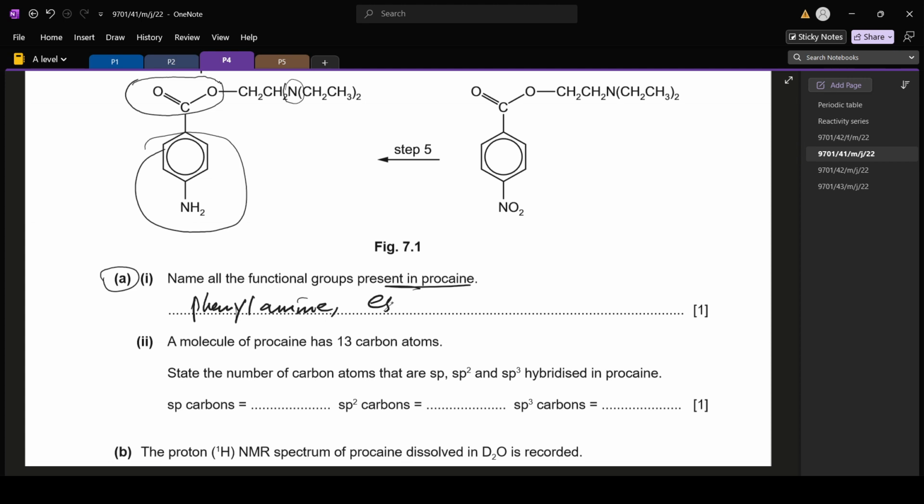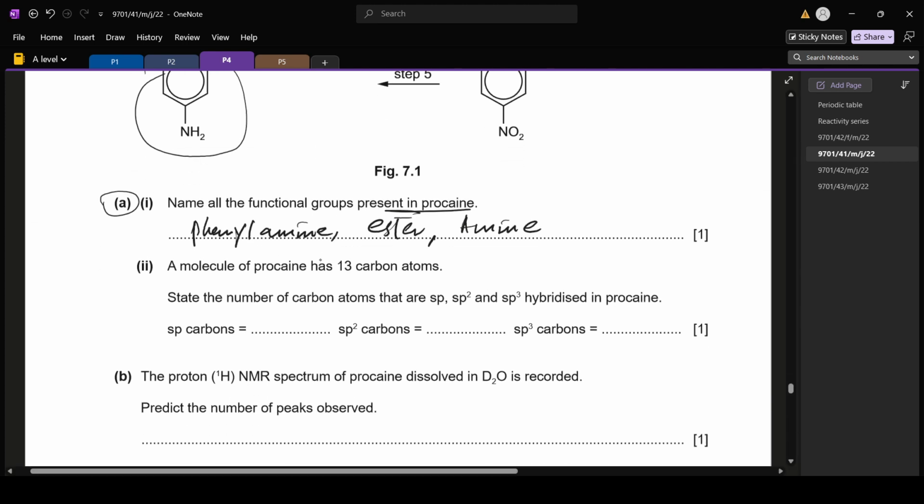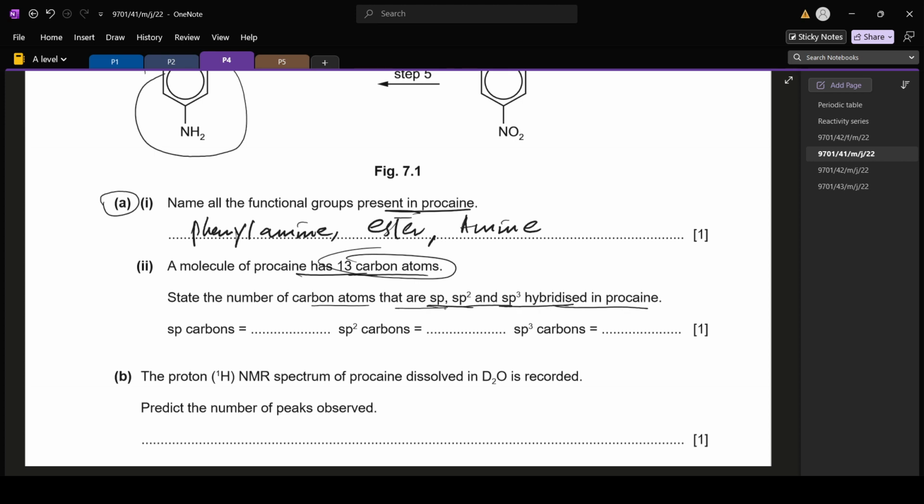This is a tertiary amine. A molecule of procaine has 13 carbon atoms. State the number of carbon atoms that are sp2 and sp3 hybridized in procaine.